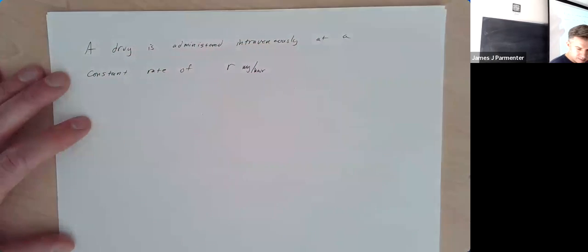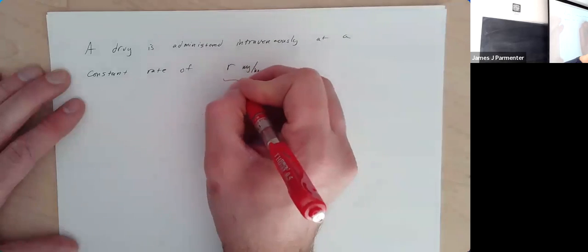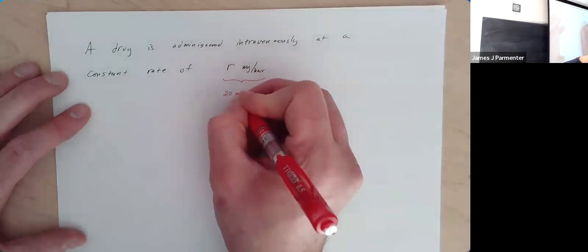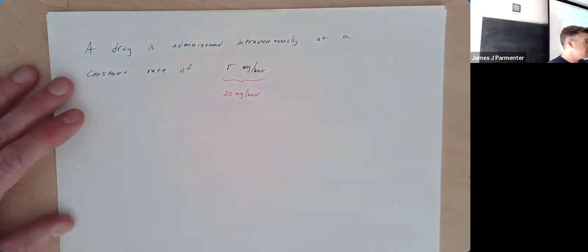And let's also make up some numbers just so we can see this both ways. Let's say this is going to be 20 milligrams per hour. Probably a high dosage, but it's made up, so it doesn't matter.